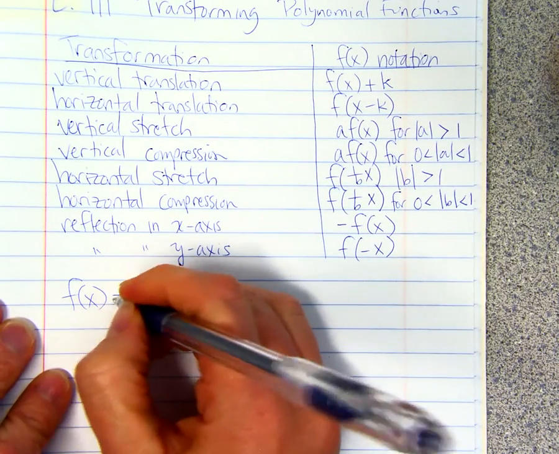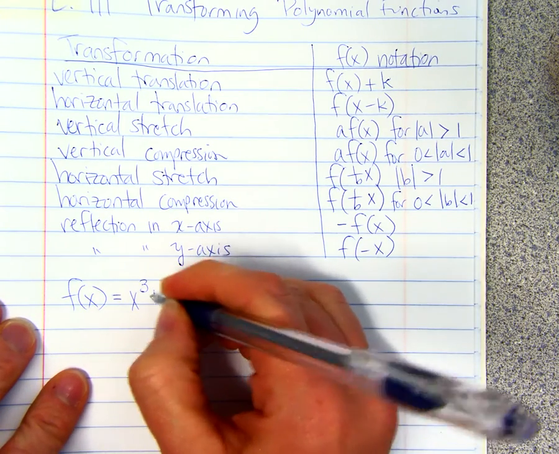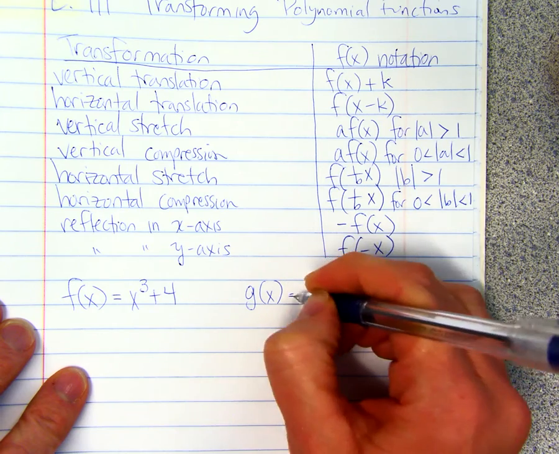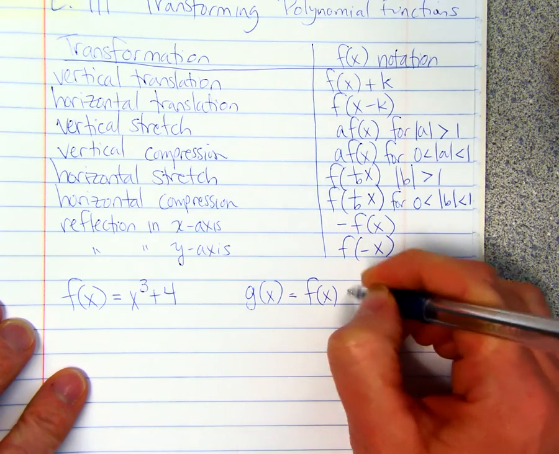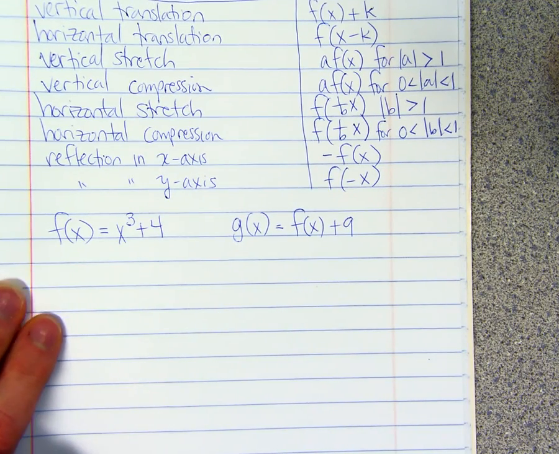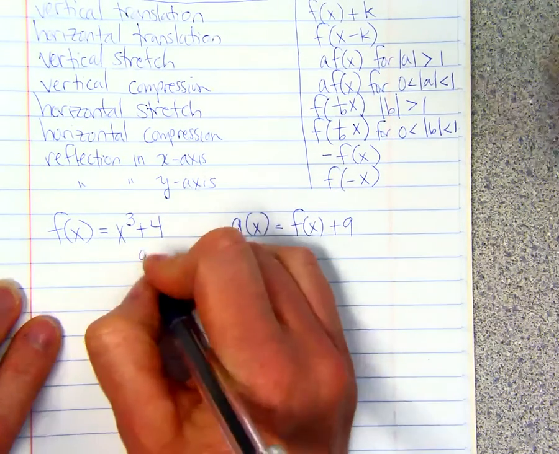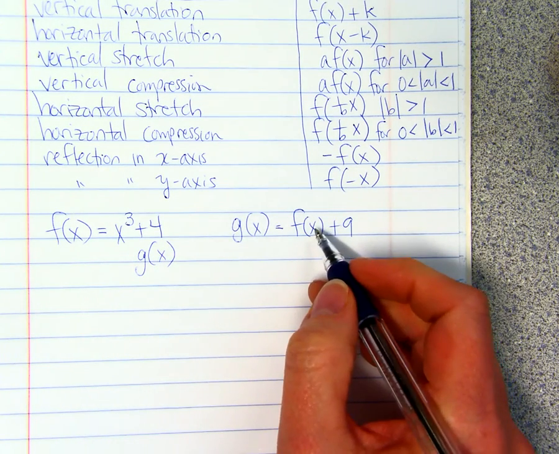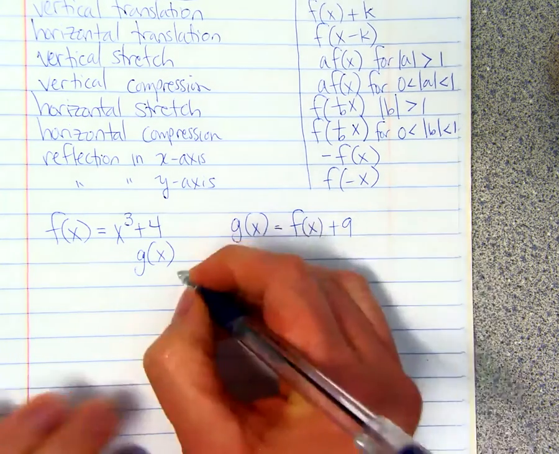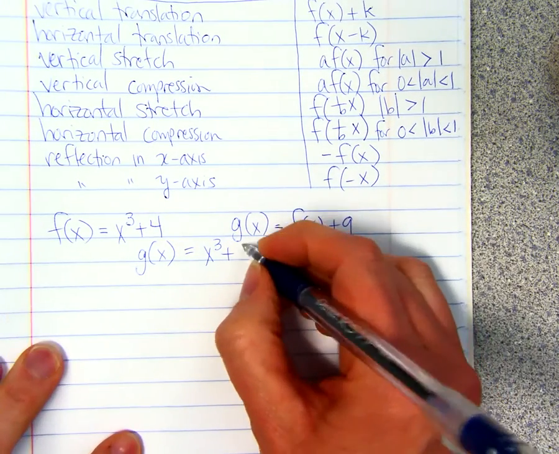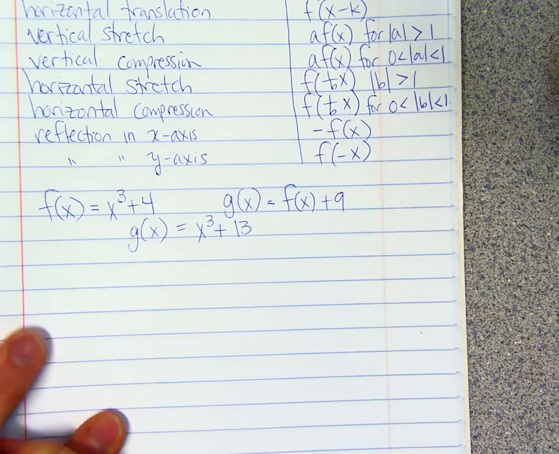If f of x is x cubed plus 4, and g of x is f of x plus 9, graph g of x. So if you plug in f of x into g of x, then you got g of x equals x cubed plus 13.